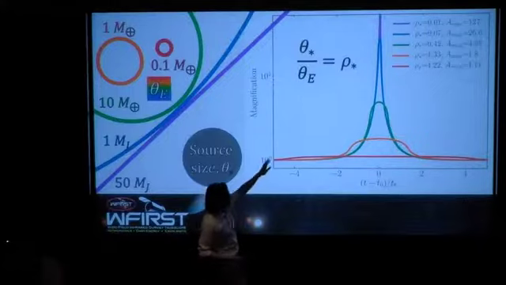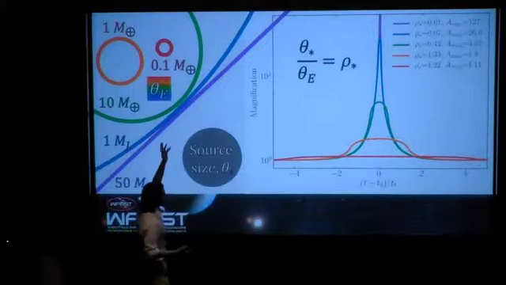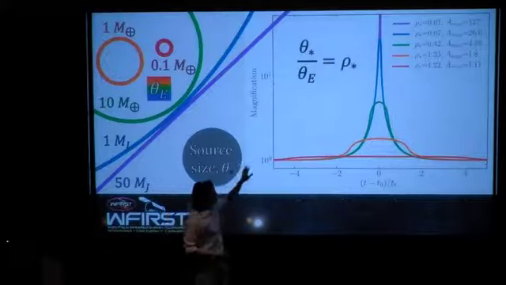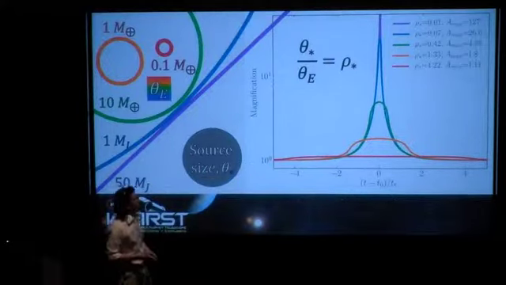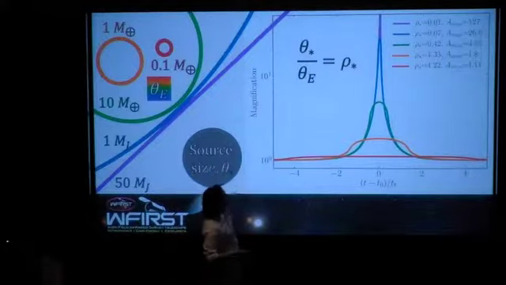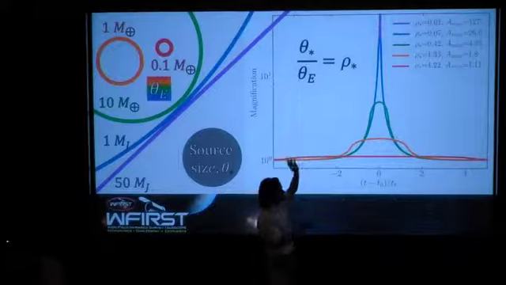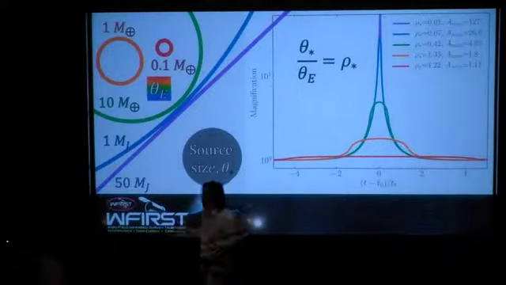Once your Einstein ring size drops below the size of the source, you saturate in magnification and it becomes sort of a top hat. Here, once again, rho star is the size of the source normalized to that of the Einstein ring, and that happens when rho star is getting around 1.